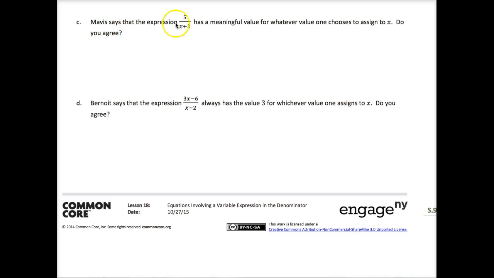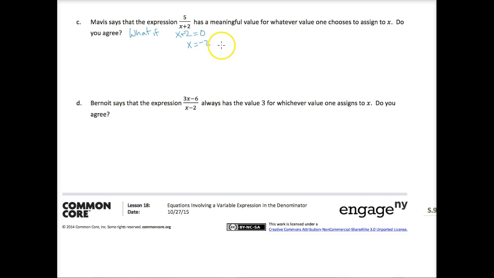Mavis says that the expression 5 over the quantity x plus 2 has meaningful value for whatever value one chooses to assign to x. Do you agree? So my question is, what if x plus 2 equals 0? We've already discovered the denominator can't be equal to 0, and if we think about that, then we discover that x is equal to negative 2.